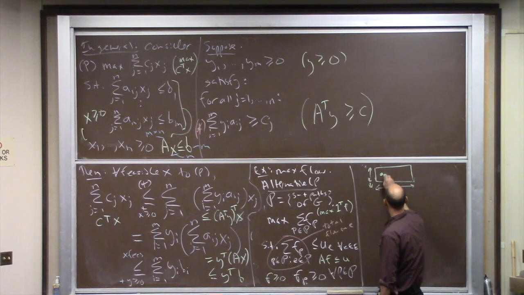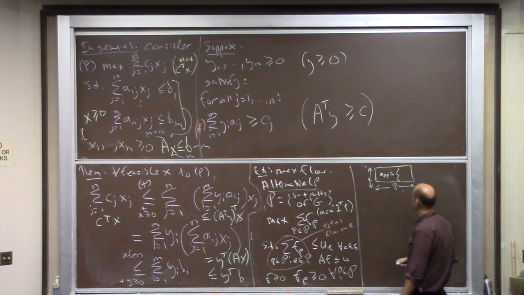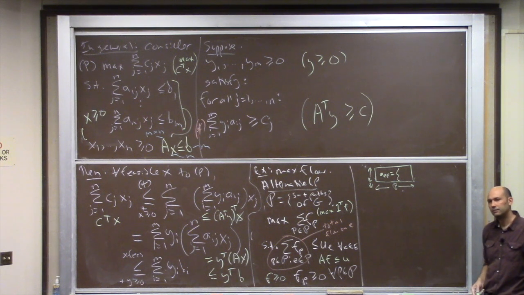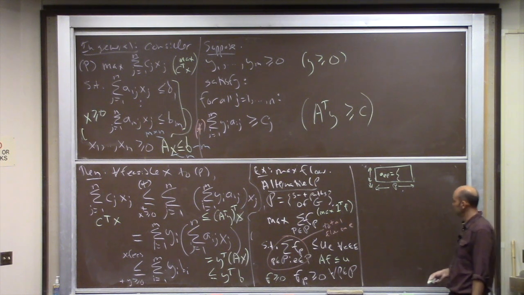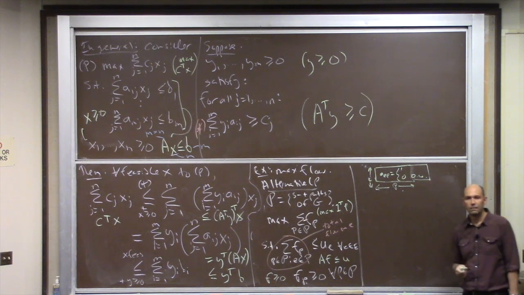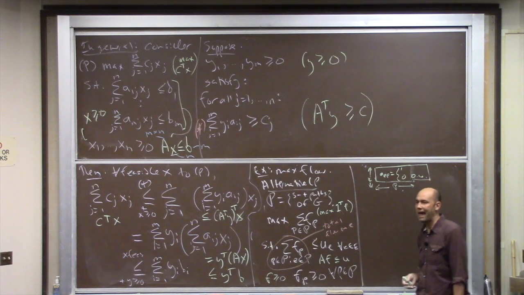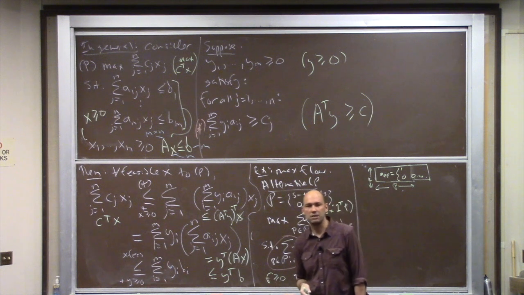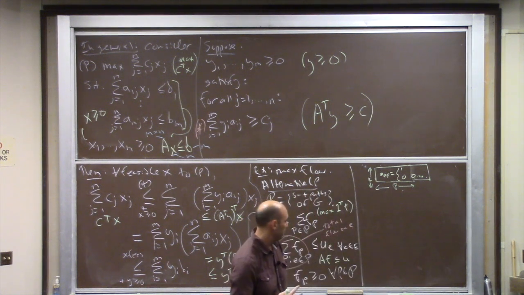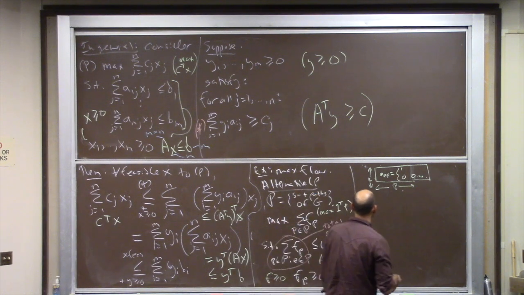Okay, so the row corresponding to E, the column corresponding to P. When is this going to be equal to 1? For which pairs of edges and paths will the corresponding entry of this constraint matrix be 1? Yeah, E is on P, exactly.